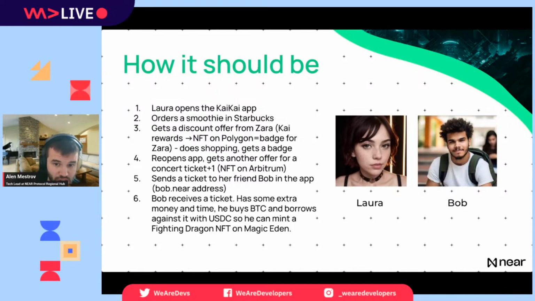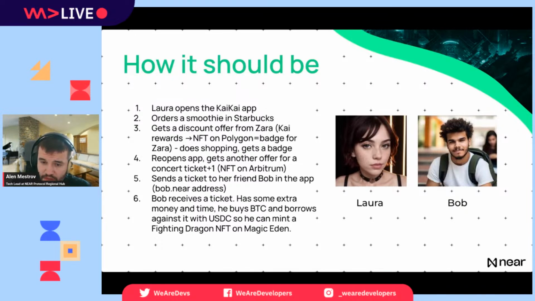She gets a badge, she does the shopping, and with the push notifications and all of the chain abstraction, she just reopens the app, and gets another offer for a concert, because the application manages to scan all of the market and all of the actions that Laura can take, and she sees that she can get one concert ticket with a +1 for her. So she sends a ticket to her friend Bob, and everything is done. Bob actually gets the notification, so he doesn't need to create anything or do something else. So we are removing the complexity here.